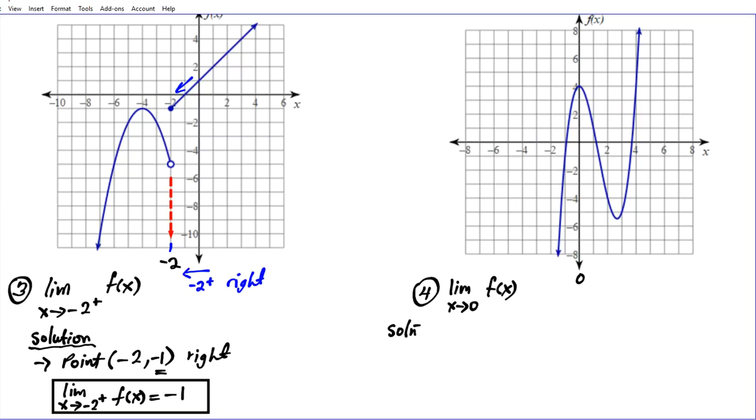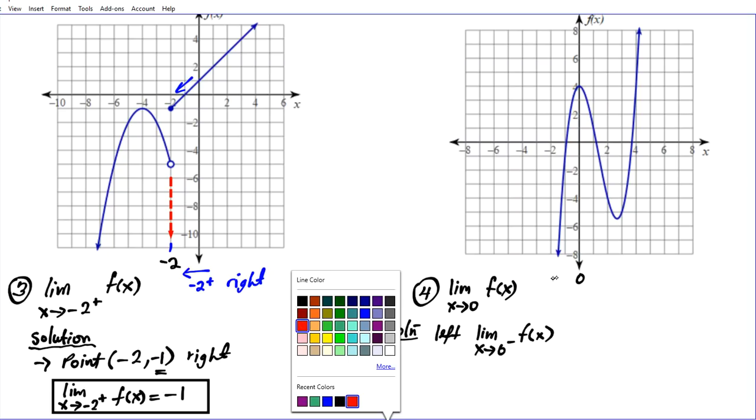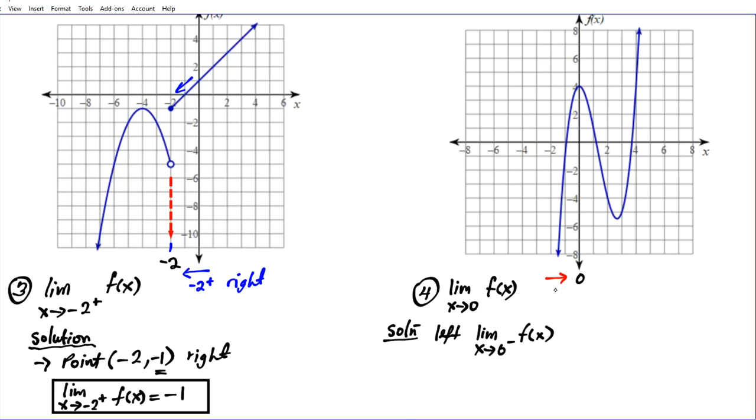We're going to start by looking at the left-handed limit. The left-handed limit is the limit as x approaches 0 from the left of the function. If you're approaching 0 from the left, what's happening with the function?